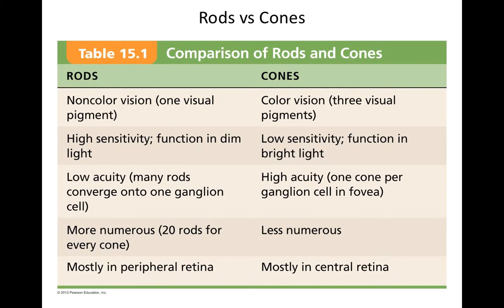So if we think about this, walk outside, middle of the day, that's cones. You're seeing in color, everything is very bright, you've got clear, crisp vision. You wake up in the middle of the night, you open your eyes in your fairly dark bedroom. You're not getting clear, crisp vision. You're not seeing the colors that are there, but you can get a decent idea for where your bed is versus where your dresser is versus where the door is.